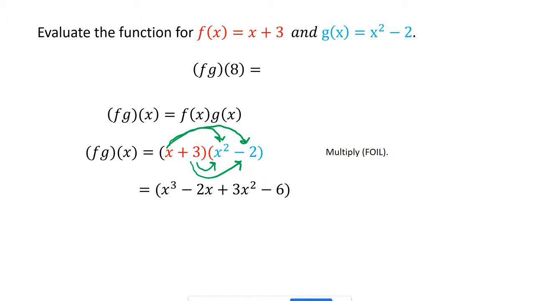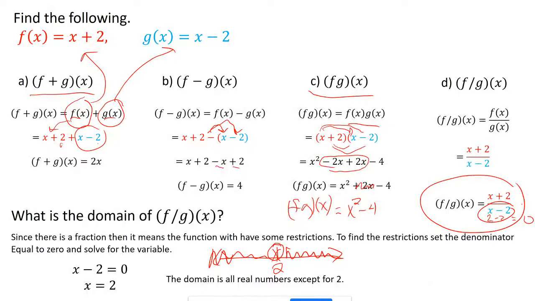Oh, yes, good afternoon. My question is about the domain, for example, for 4x squared plus 2, and the division from the function, how can you find the domain? If you have 4x squared plus 2?